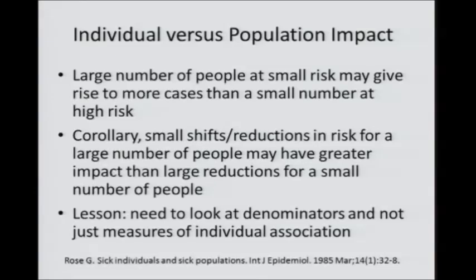He really made this point that a large number of people at small risk may give rise to more cases than a small number at high risk. And the corollary is that small shifts or reductions in risk for a large number of people, so increasing that denominator, may have a greater impact than large reductions for just a small proportion of the population.